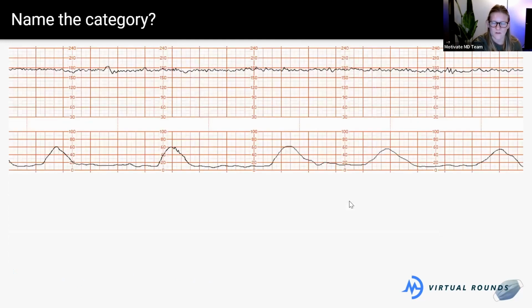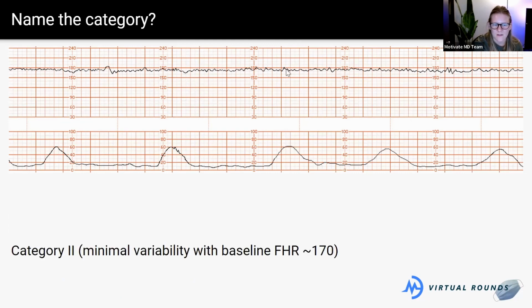And then how about this one? So we've got still pretty minimal, but some variability. And you could call this maybe like 160 something. Oh, sorry, I just gave it away. My bad, you guys. This is category 2. So it's still kind of a tachycardia, but it's not as scary as the category 3 that we just saw previously.